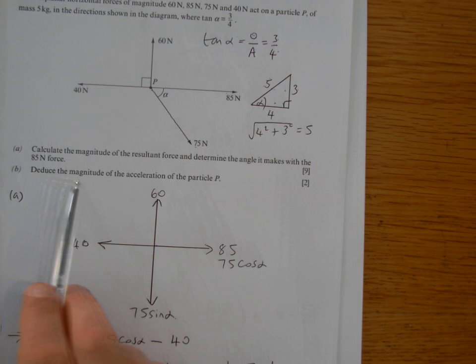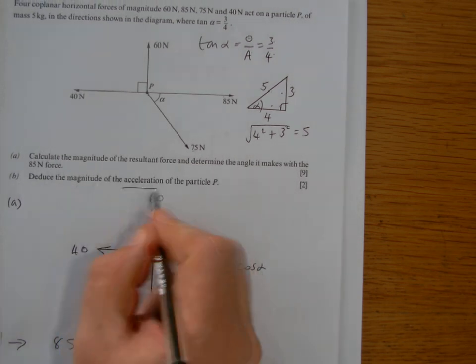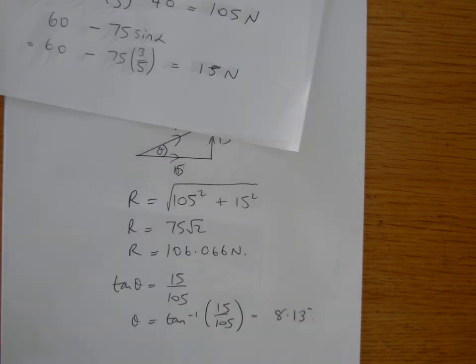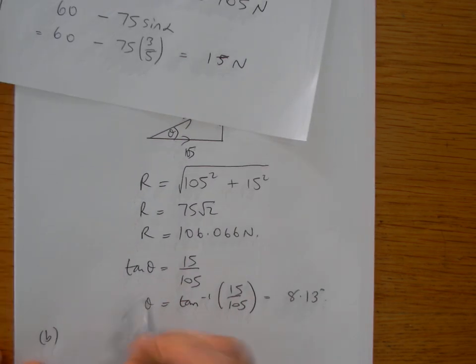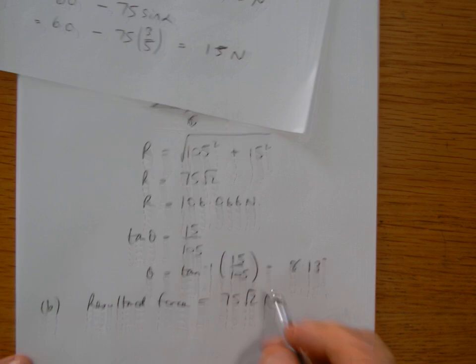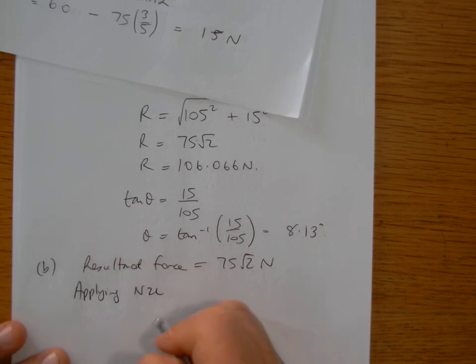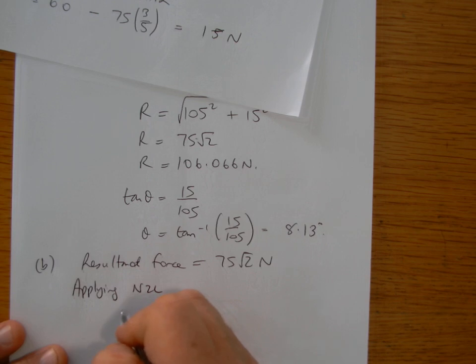So 8.13 degrees. Now, finally, with part B, it says deduce the magnitude of the acceleration of the particle P. So we're talking about the acceleration, and of course we're going to apply Newton's second law. We know the resultant force is equal to 75 root 2 newtons. We established that there. So applying Newton's second law, the resultant force F is equal to mass times acceleration.